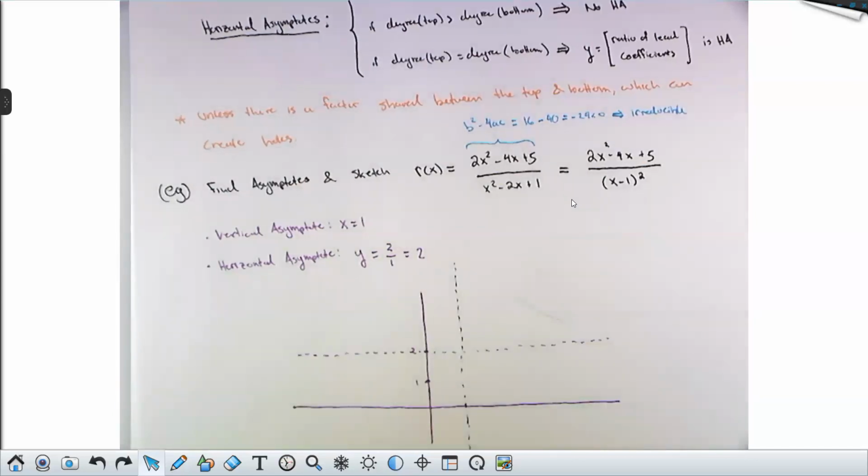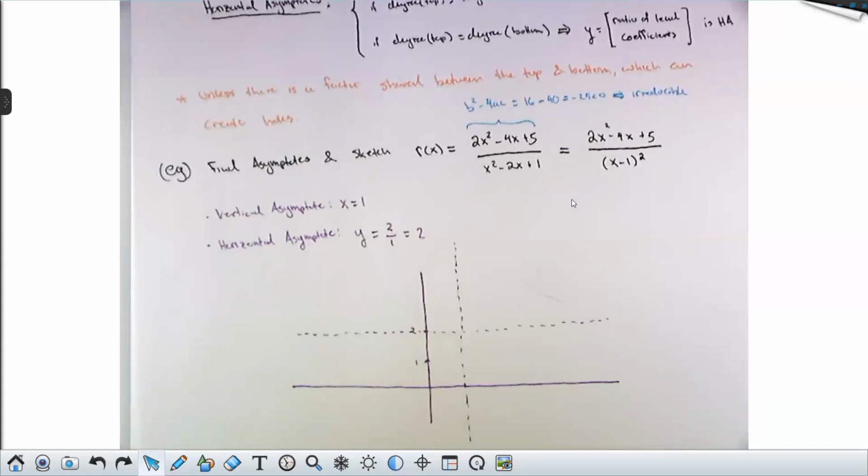Now, the fact that the x minus 1 factor downstairs is a multiplicity 2 factor, x minus 1 all squared, there is kind of a local behavior near vertical asymptotes rule that's very similar to the local behavior near roots rule.